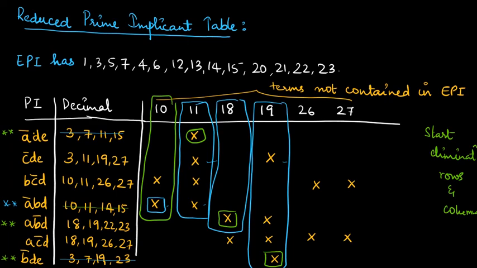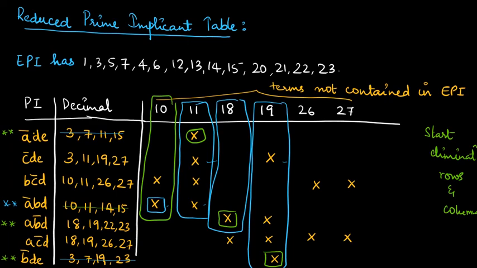So what remains here is that we have to eliminate all the dominant prime implicants which are highlighted with a double X. Though we already know that C bar DE is cancelled out, we shall still keep it because we have not highlighted it as a dominant prime implicant in this particular case.